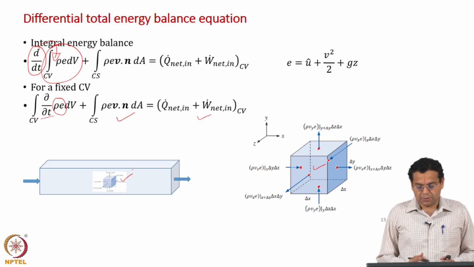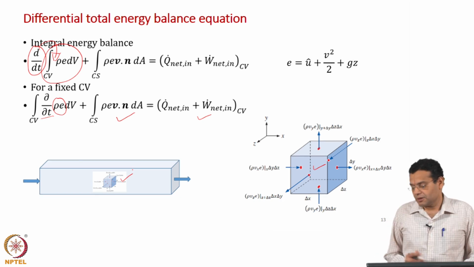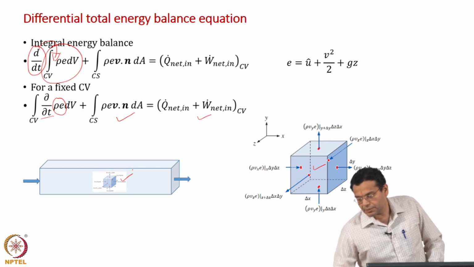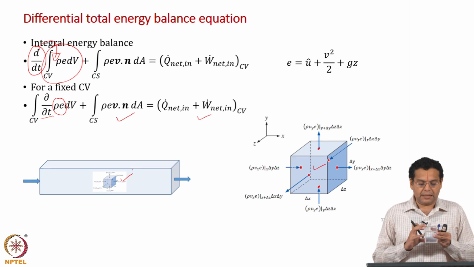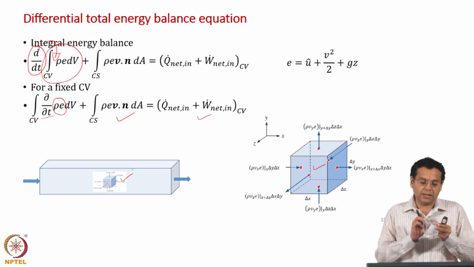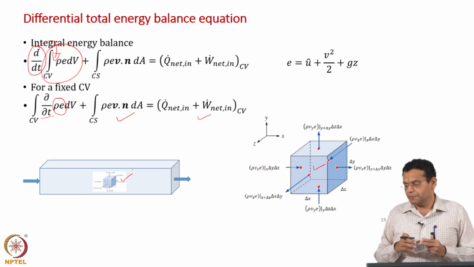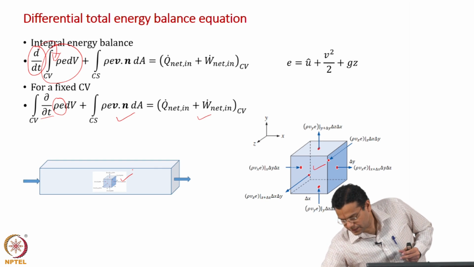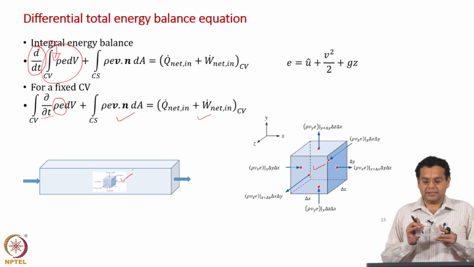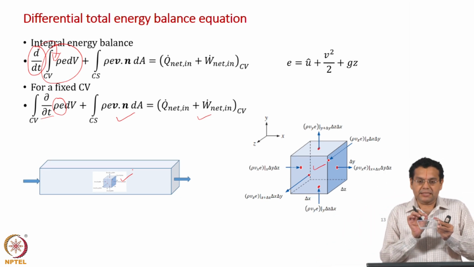So, this small control volume could be inside a pipe where there is a flow taking place, or it could be a solid. So, to show an example, this is a control volume and this could be inside a pipe. Or you can imagine this as a domain, then control volume is something inside this, or it could be a solid object like this and your control volume is inside the solid object.